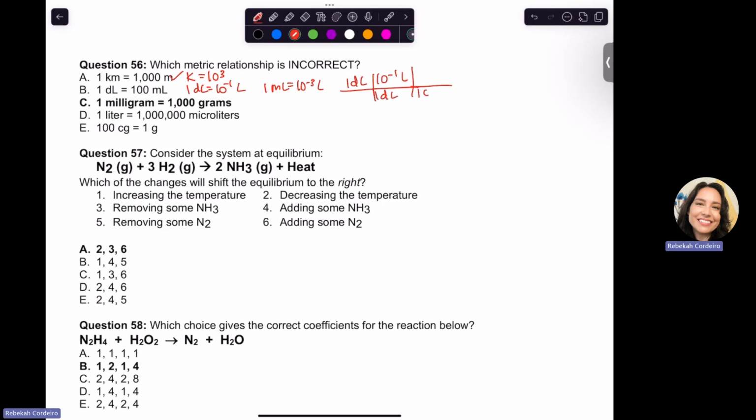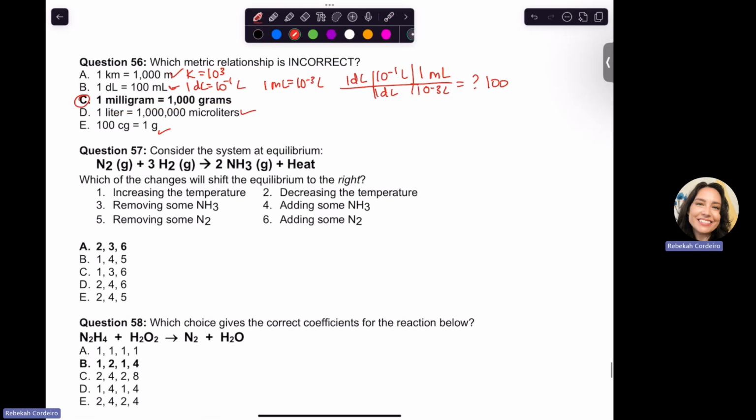If you're not good at the metric system, just set it up and see, is that 100 milliliters? But automatically I know this one's going to be incorrect. Why? You can't put a lot of big things in a small thing. A milli is small. We can't put a lot of bigs in a small. So the rest of them are actually correct if you want to check them out. But as soon as I see option C, I'm going to pick it and move on.